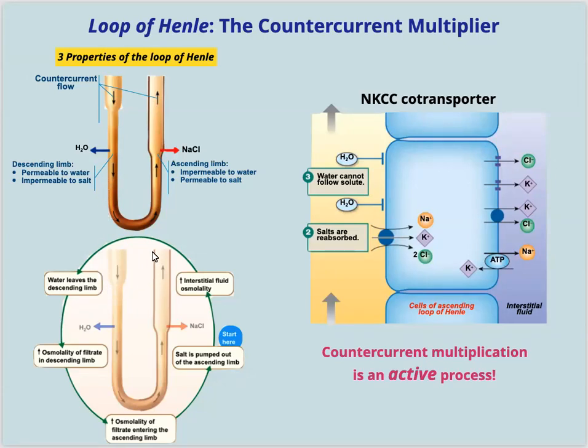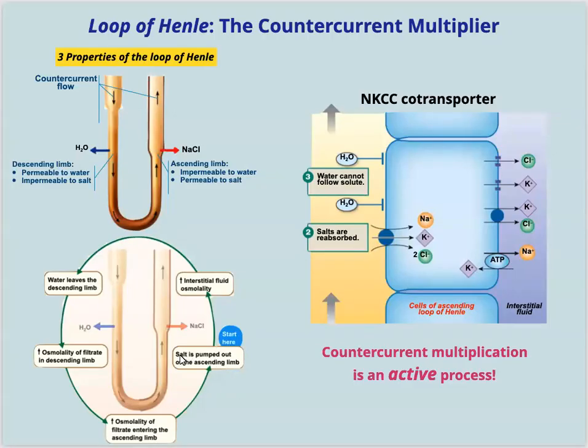So the ascending limb then uses this increasingly salty filtrate that's left behind in the descending limb to raise the osmolality of the medullary interstitial fluid even further. And so this establishes a positive feedback cycle that produces progressively higher osmolality of the fluid in the descending limb and in the interstitial fluid.